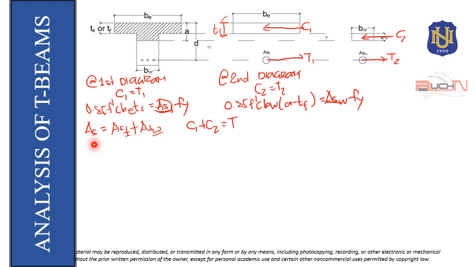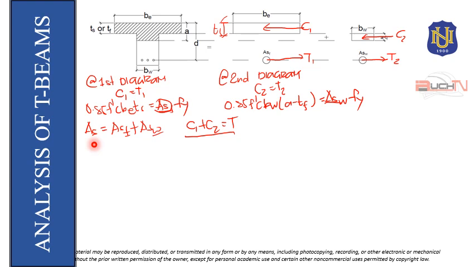So now, the equilibrium equation we can use to get the value of the depth of the compression block will be the total equilibrium equation, which is C1 plus C2 is equal to T.